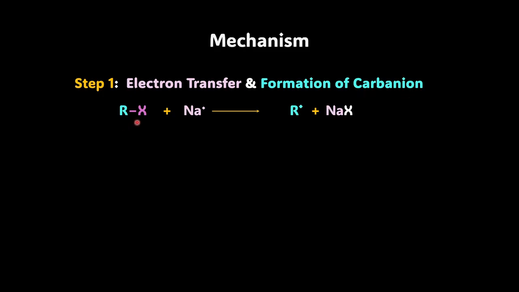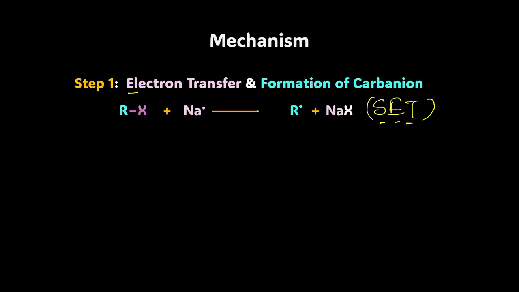So what you see is this RX molecule, alkyl halide molecule, right? And here is our sodium atom which donates one electron. Since it is donating one electron, this is also called the SET step, single electron transfer. ET is for electron transfer, and since it's just one electron which is being transferred, we are calling it single electron transfer.